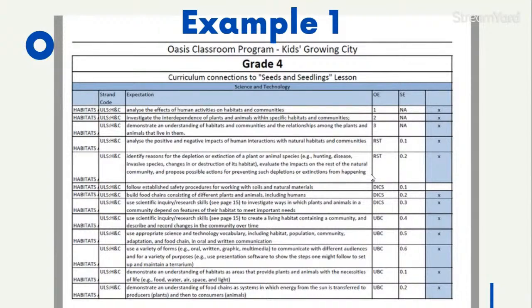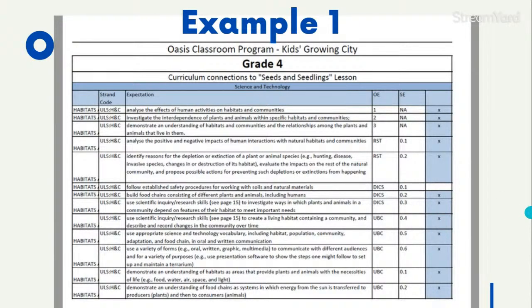Now, this is an example of curriculum expectations connections that we have built for only grade 4, only for the Ontario curriculum, and only for one of our lessons, one of the sessions called Seeds and Seedlings, only for science. Okay, and this is just a picture.